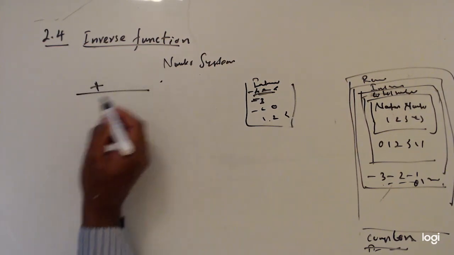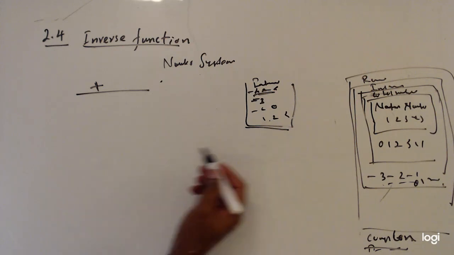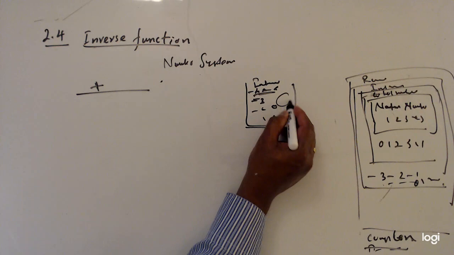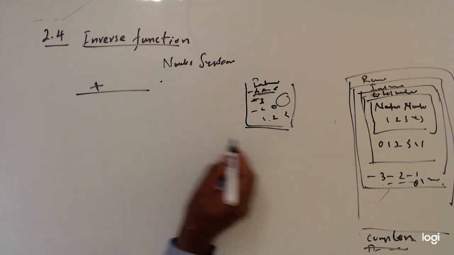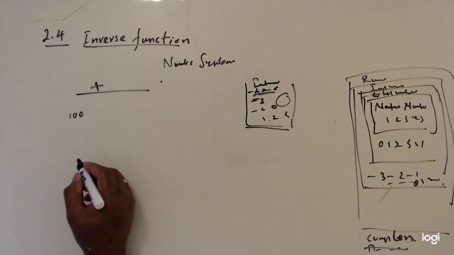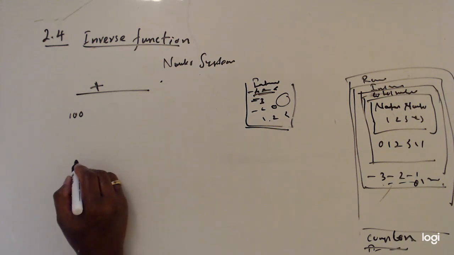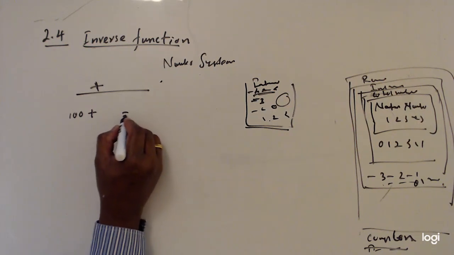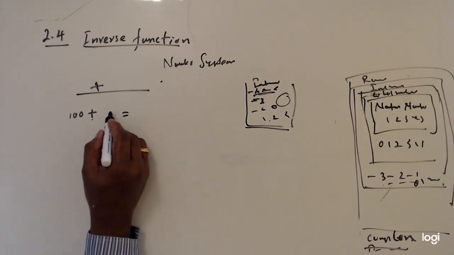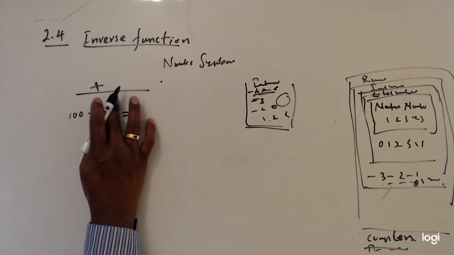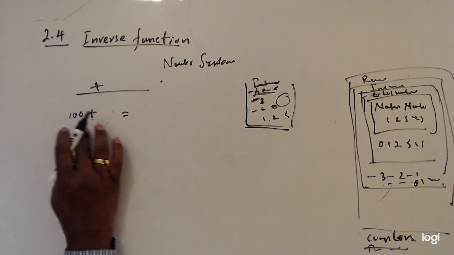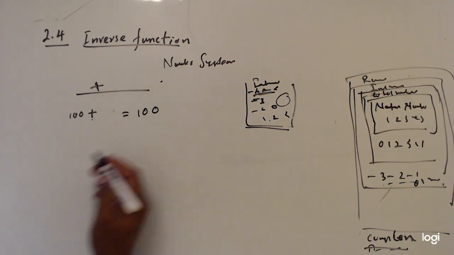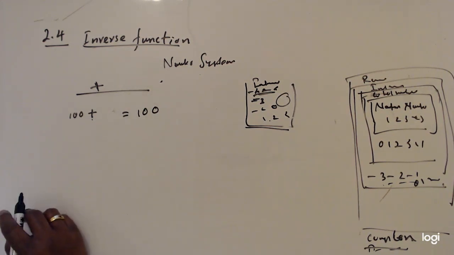Under plus, when I consider integers, identity means if you select any number, which number you want to select, 100, and the operation is add, when you add any number to 100, you should get 100.